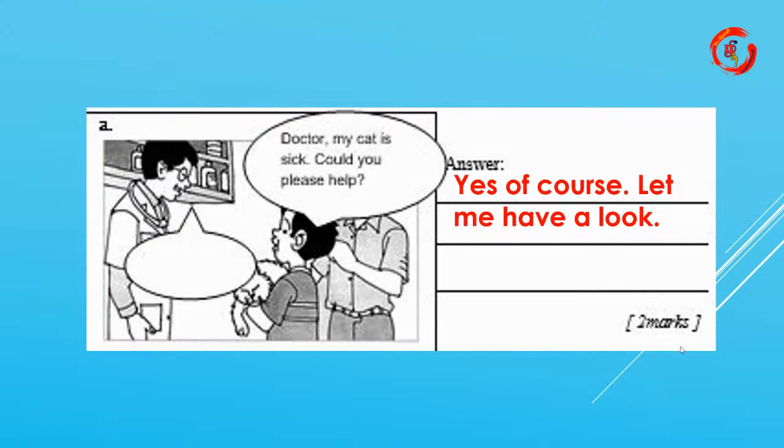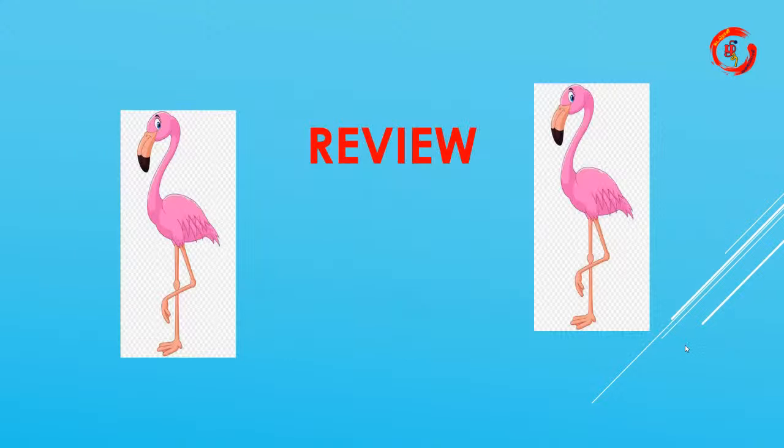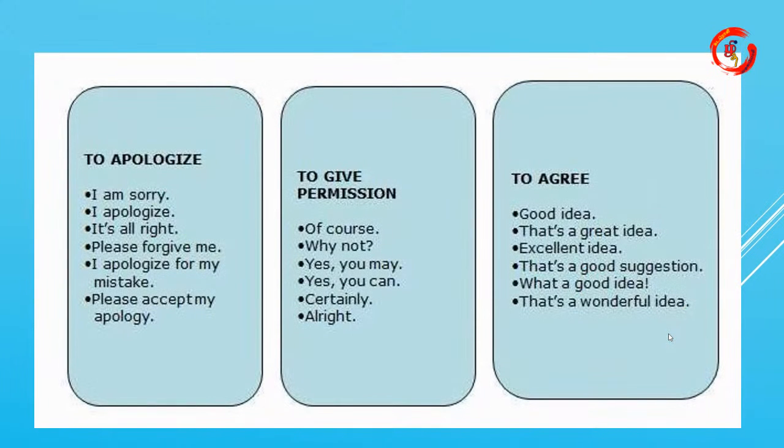All right. Now, we are going to go to the review part. Okay, we have come to the end of the end part and we're going to review what we have learned today. Let's see. These are the language functions and the social expressions.